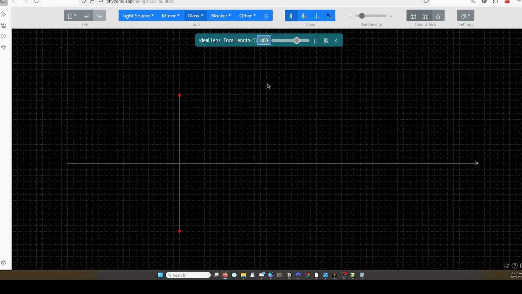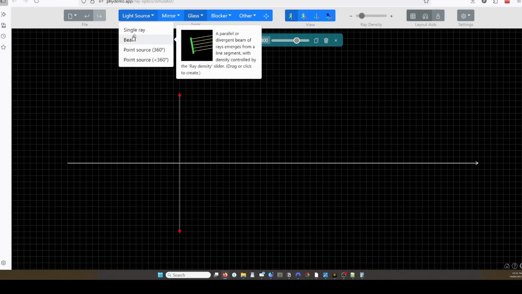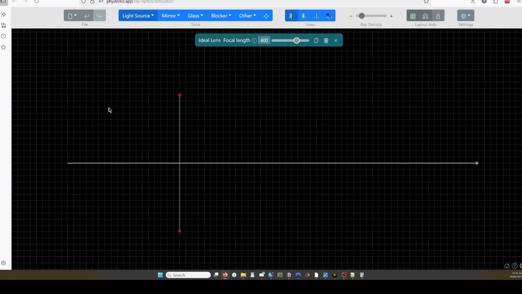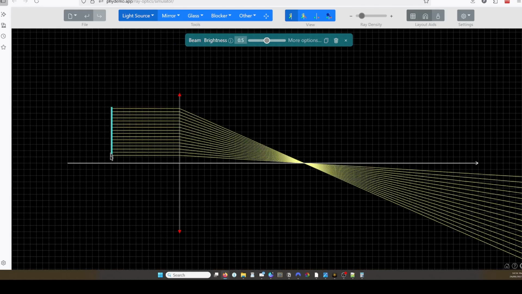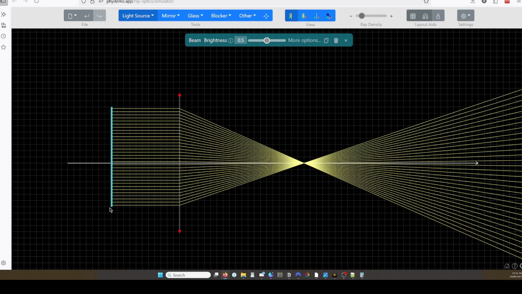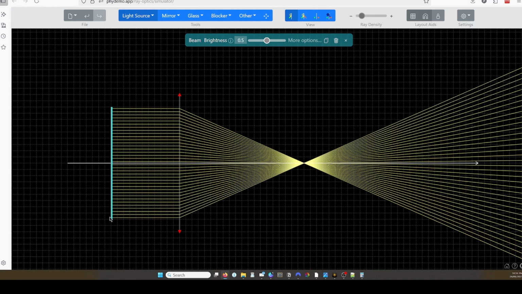It's an ideal lens. Now from over here, I'm going to select a light beam, and I'll draw it here. This gives us a beam of parallel rays of light, and the program now simulates how those parallel rays of light interact with the ideal lens. Now, this is a convex lens, as I've said, and it focuses light onto a single point, as we would expect.